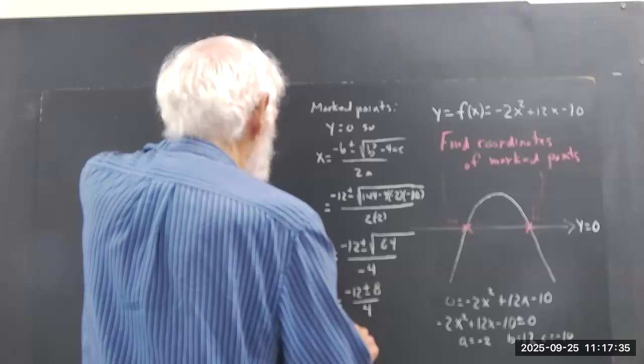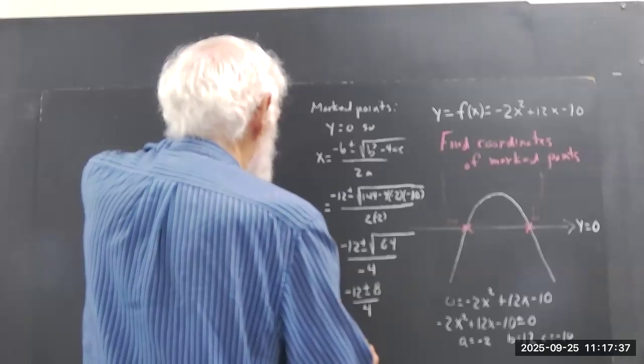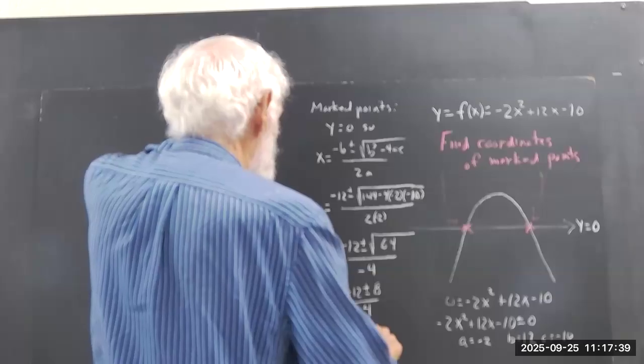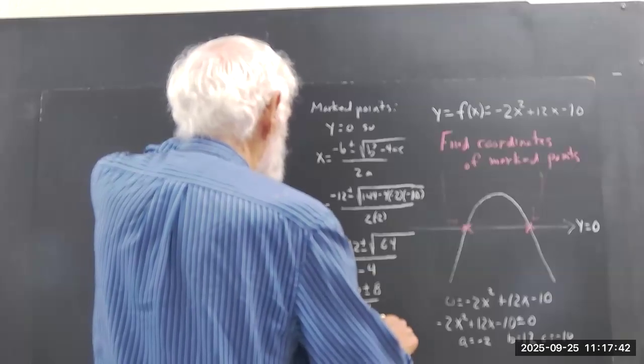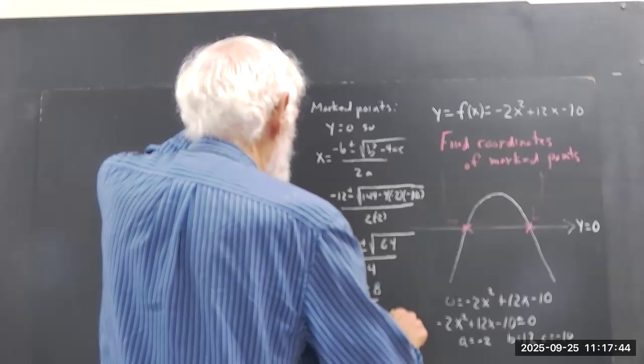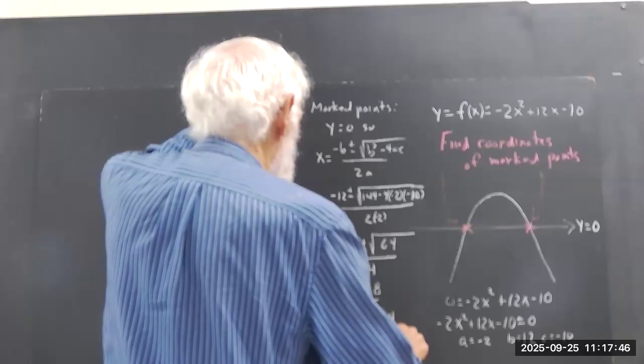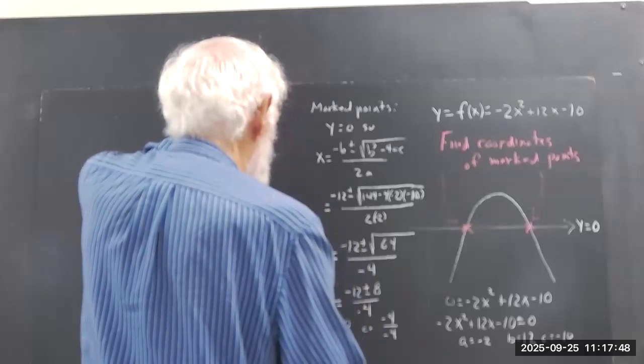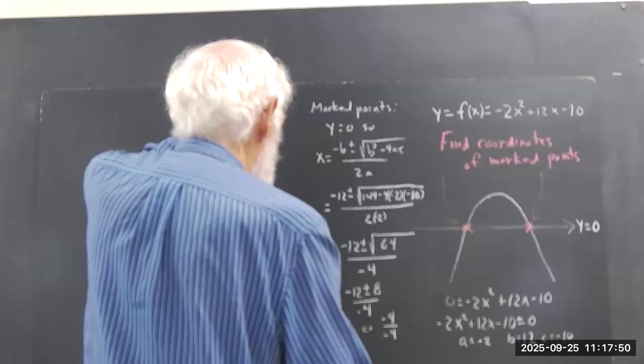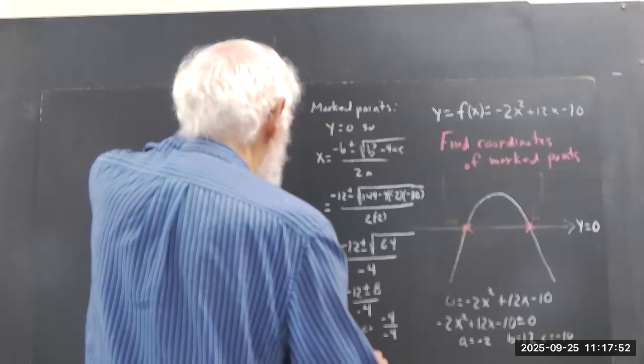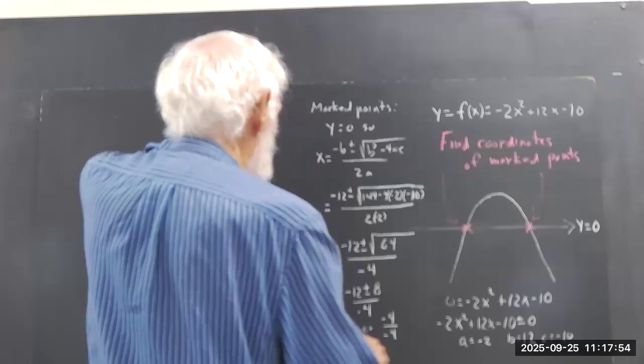Negative 20 over negative 4, which is 5, or negative 4 over negative 4, which is 1.